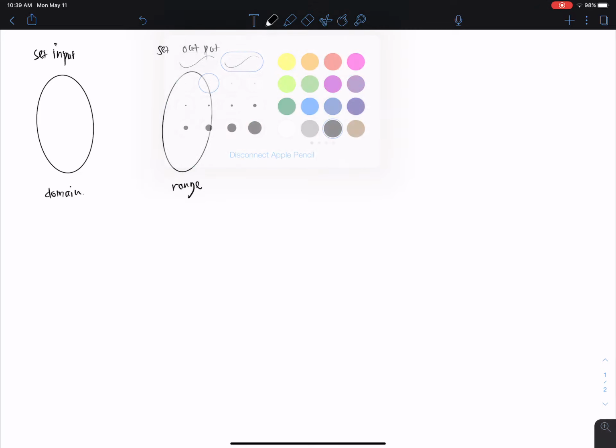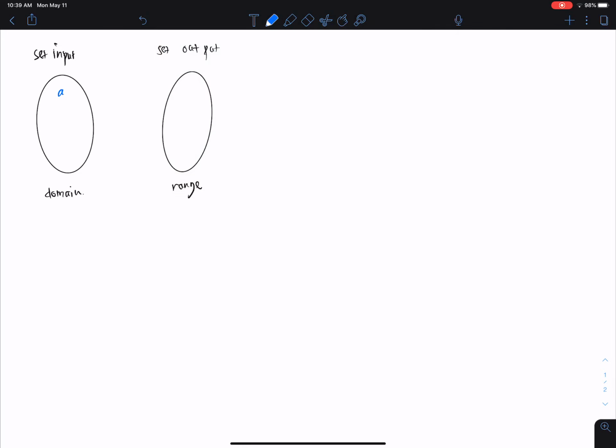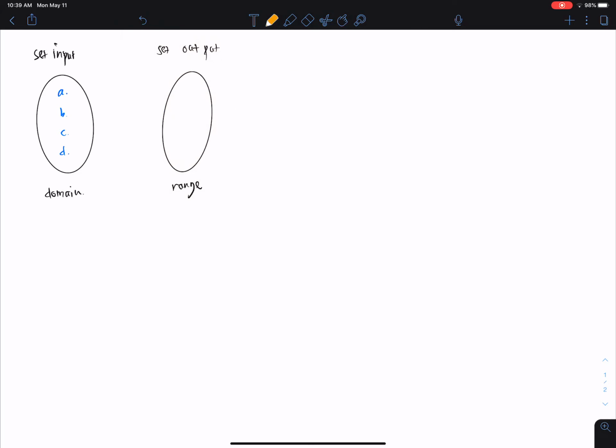So for example, we have elements A, B, C, and D. And then with a certain relation, on the set output we have 1, 2, 3, 4, and 5, for example.